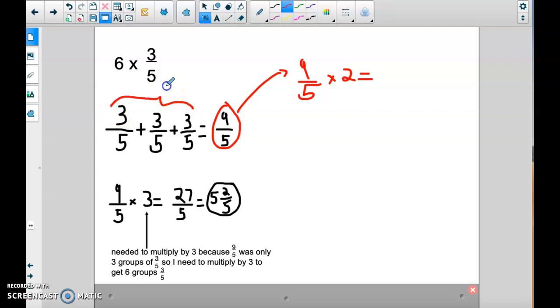This would be equal to 3 times 3/5. So I need to double that to get 6 groups. This is tripling it, right? We don't want to triple it, we just want to double it. So we should get 18/5. All right?